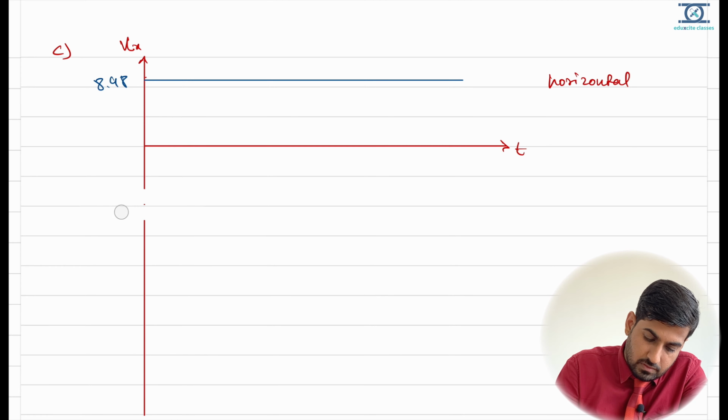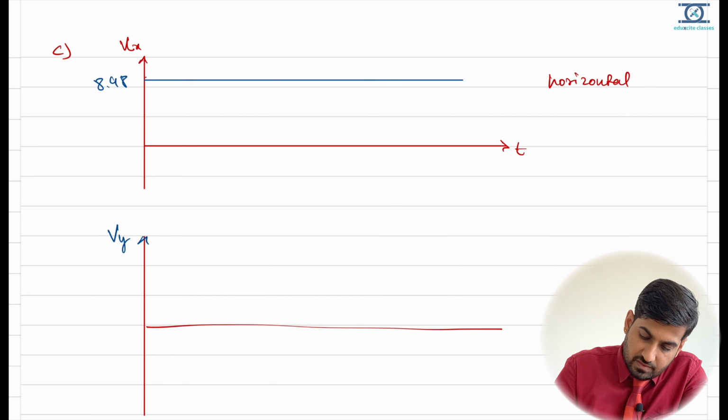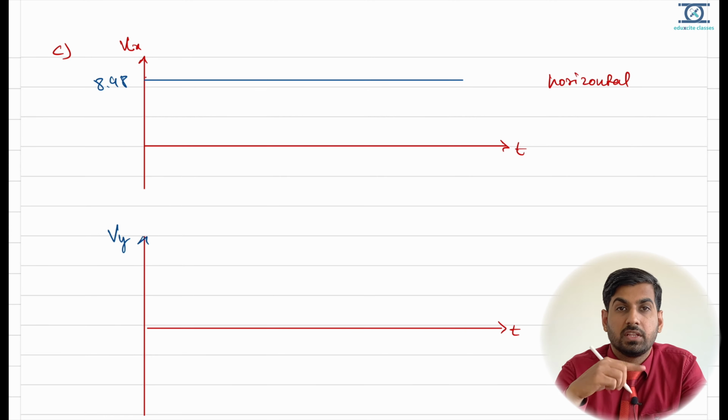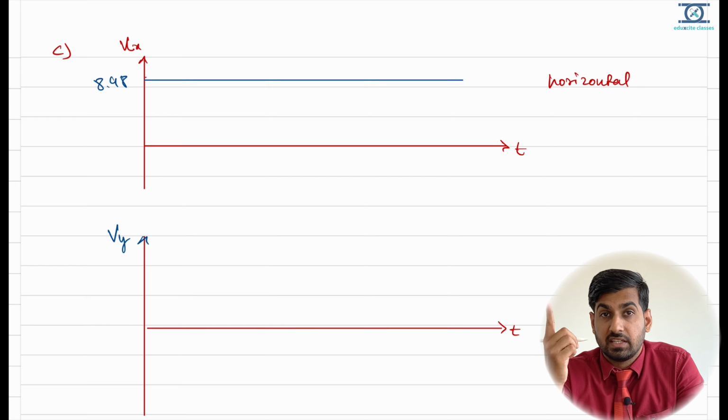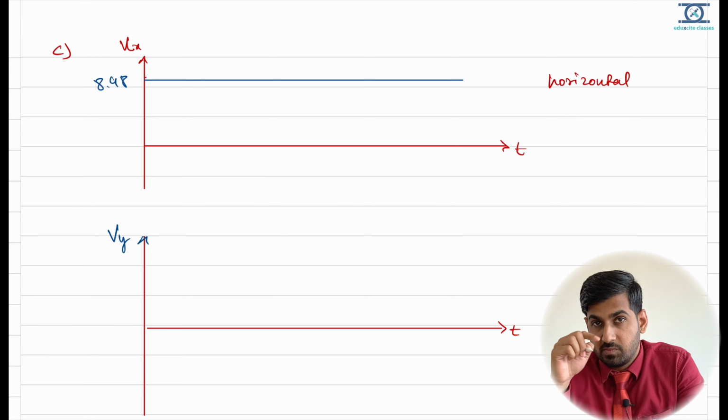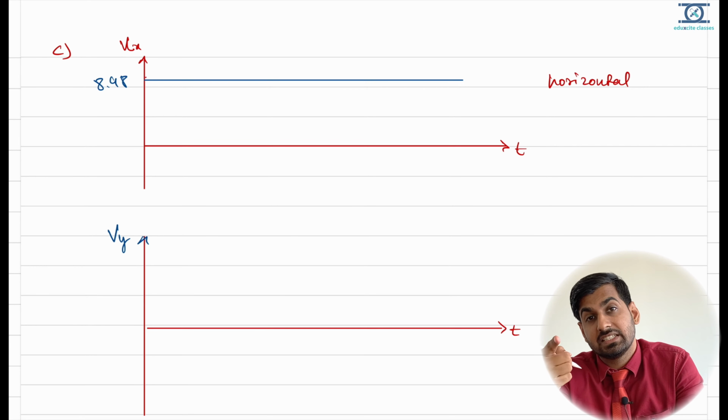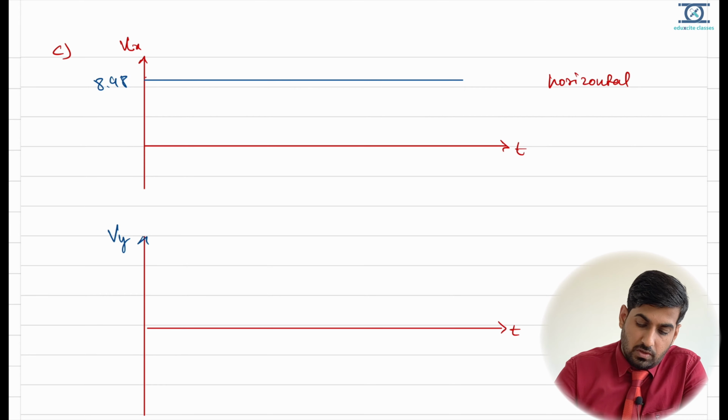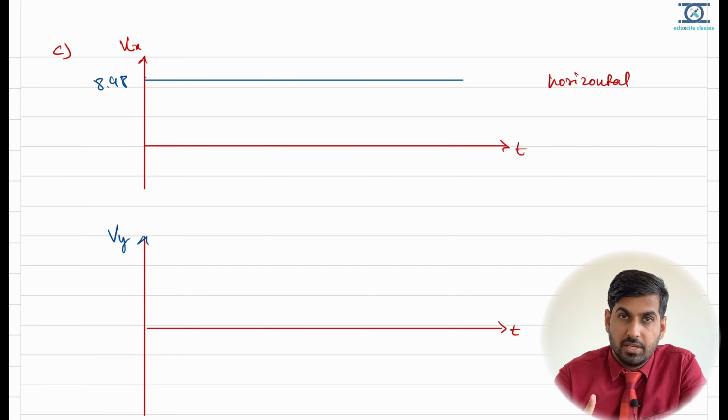Whereas for the velocity in the vertical direction with respect to time, always remember, first it is moving in the upward direction and it is decreasing, but it is positive. When it is moving in the downward direction, it is increasing but in the negative direction. And there will be a time when it will become 0.